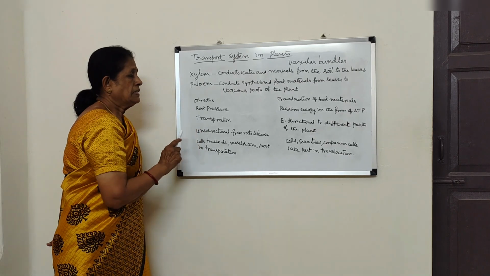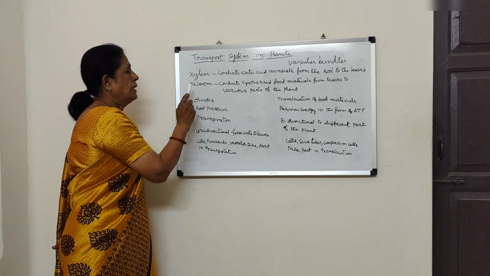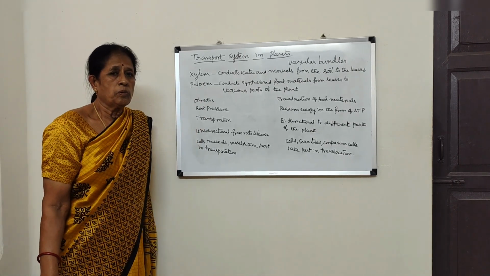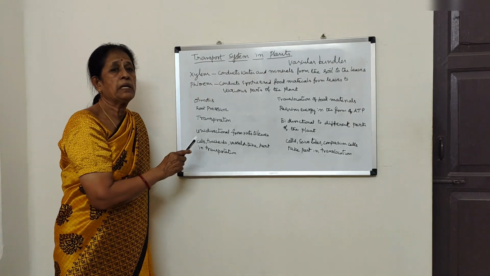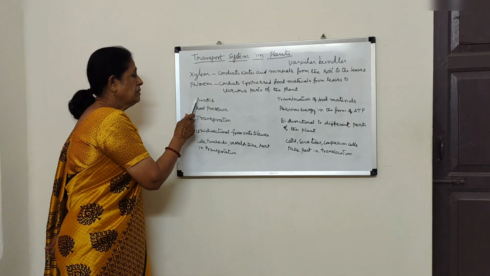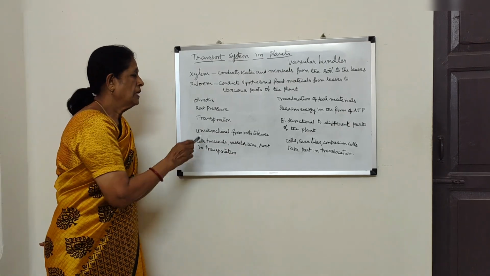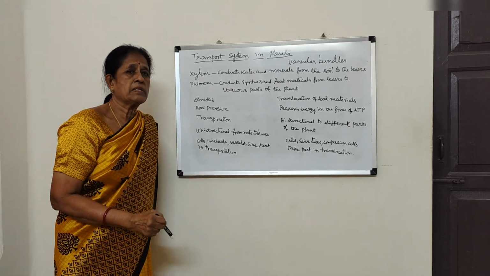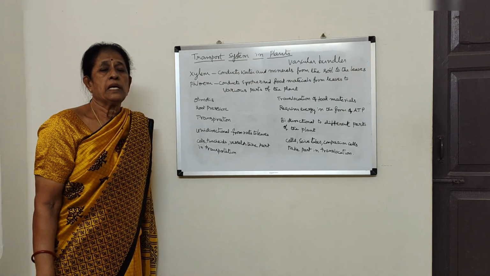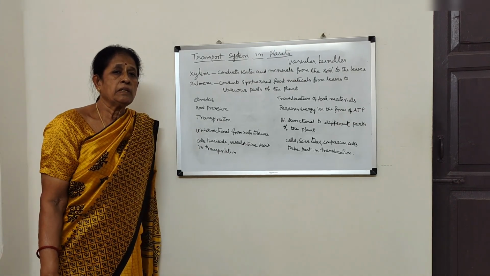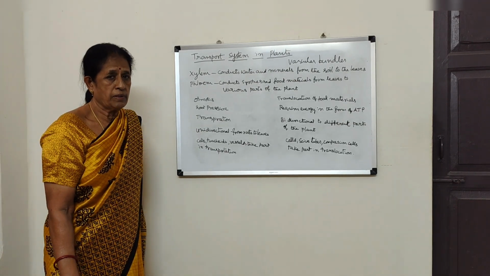So in this way, xylem transports water and minerals from roots to the leaves of the plant. So what are all the processes that are helping in the transportation? Osmosis from soil to the roots, root pressure for the upward movement of water in the xylem vessels, and also transpiration helps in maintaining a continuous water column in the xylem vessels.